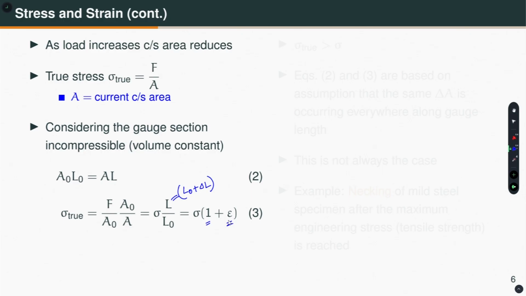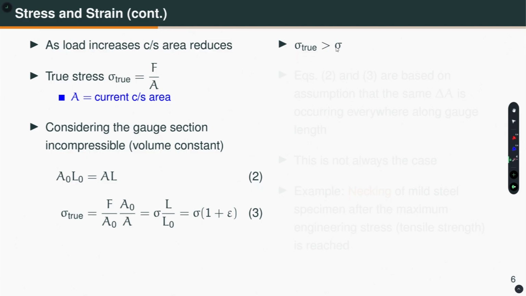So this is the expression for true stress. Let me tell you that sigma true is always going to be greater than the engineering stress sigma, because A is going to reduce. Therefore, sigma true will be greater than sigma.